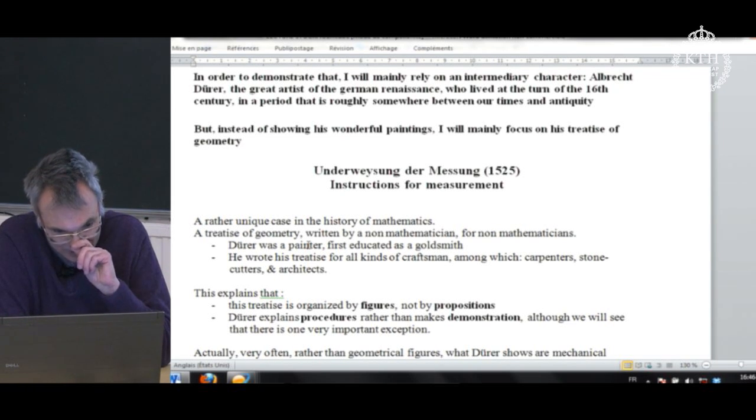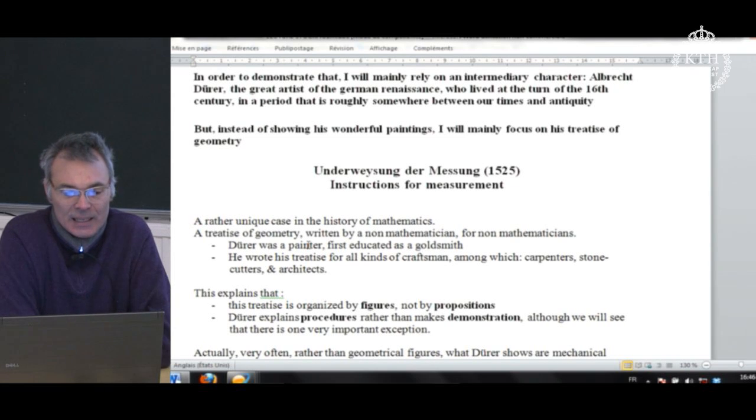So this treatise is a rather unique case in the history of mathematics because it is written by a non-mathematician for non-mathematicians. Dürer was a painter, first educated as a goldsmith, and he wrote his treatise for all kinds of craftsmen, among which carpenters, stonecutters, and architects.